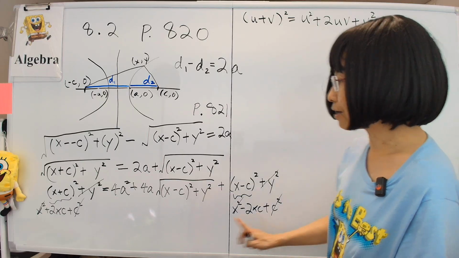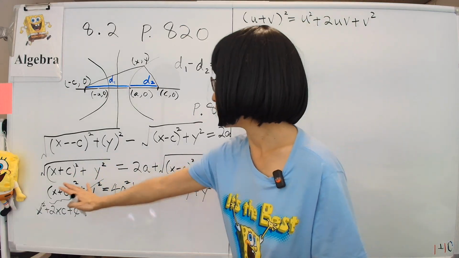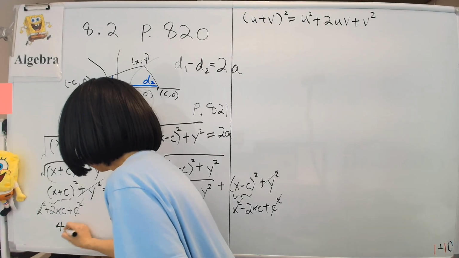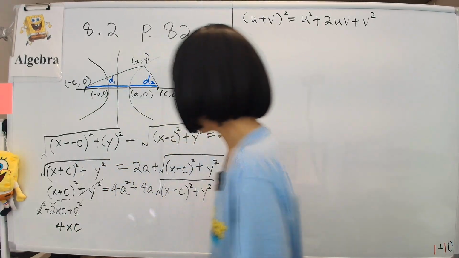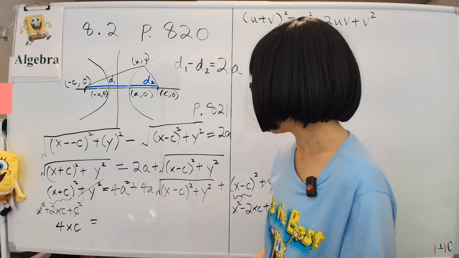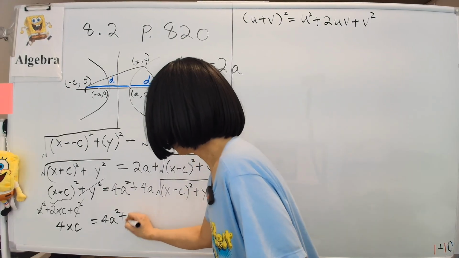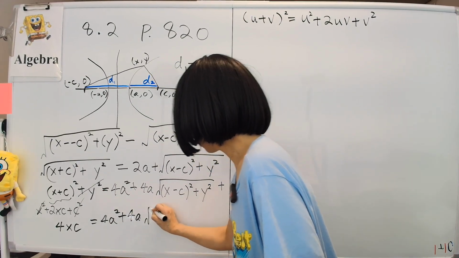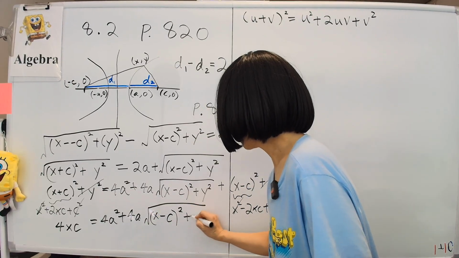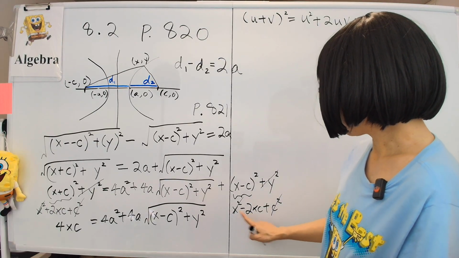So these, however, cannot be canceled out. So we'll move these things to that side of the equation. So we'll have 4xc left on this side, equal to, copy down, 4a squared plus 4a times the square root of all this stuff, x minus c, all this has to be written down, y squared, and then we took care of these.